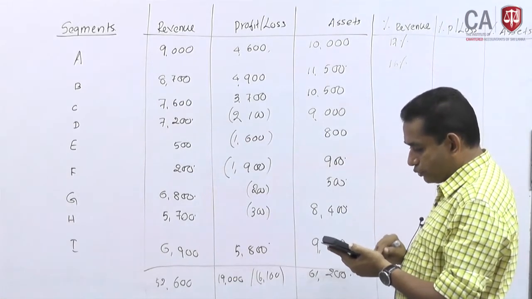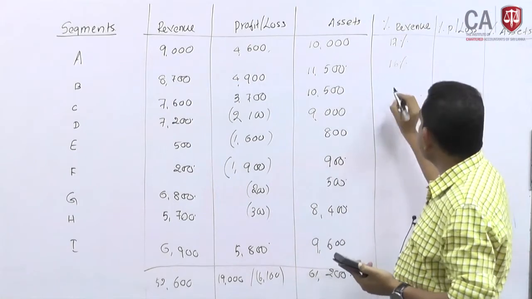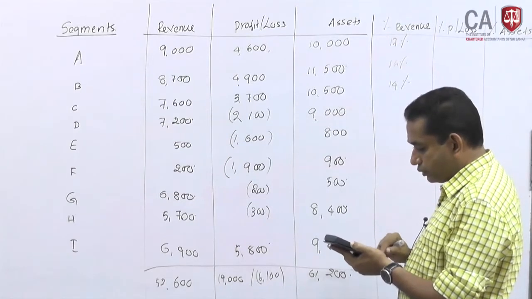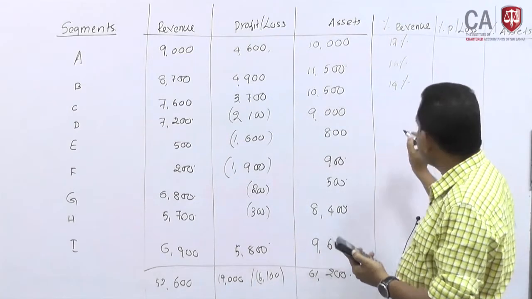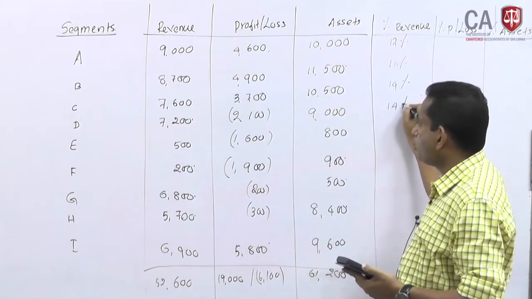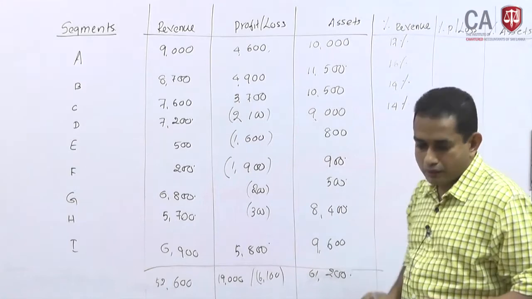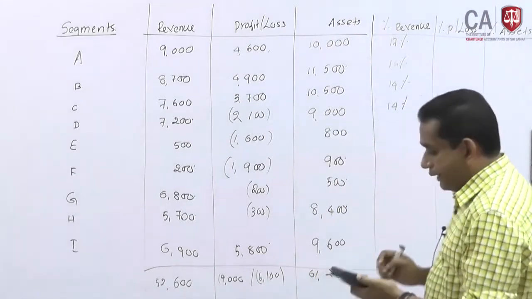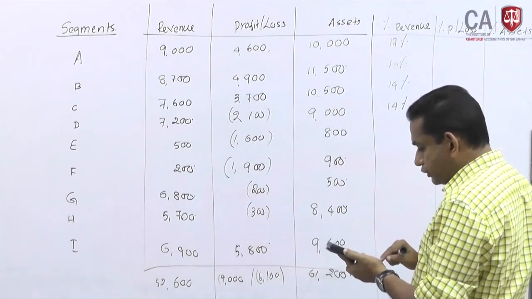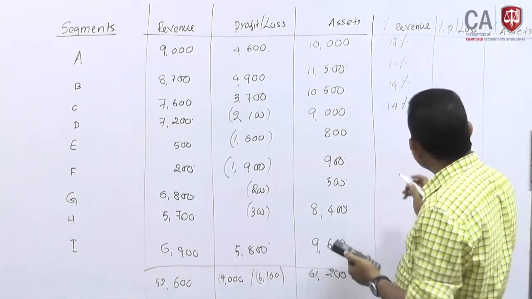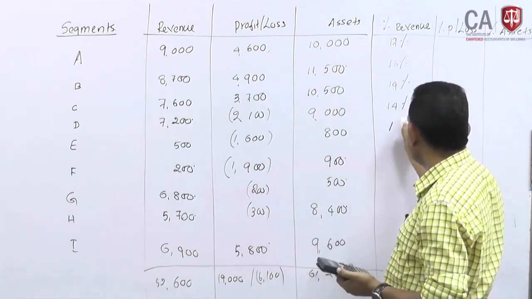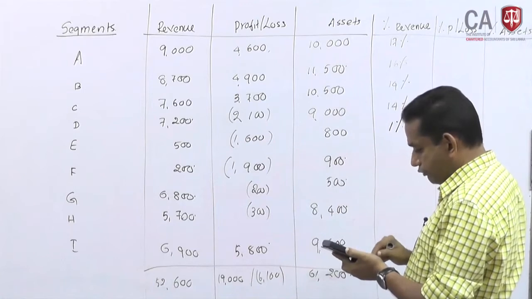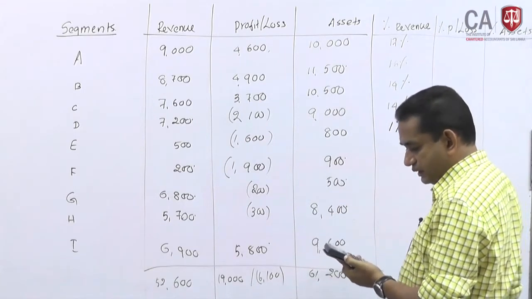7,600 divided by 52,600 into 100, it is 14%. 7,200 divided by 52,600 into 100, it is 14% once again. 500 divided by 52,600 into 100, it is 0.95. We will round it off to 1%. 200 divided by 52,600 into 100, just 0.4%.